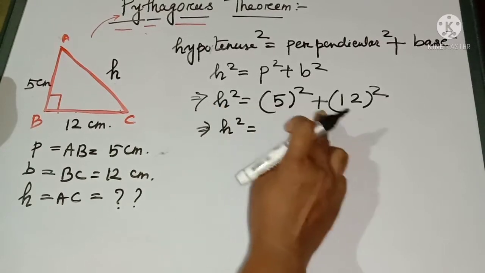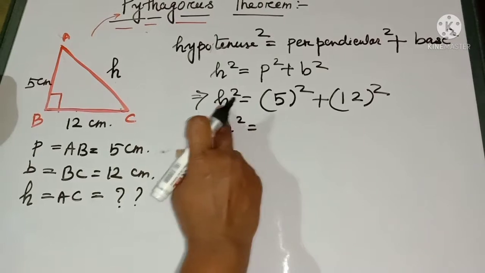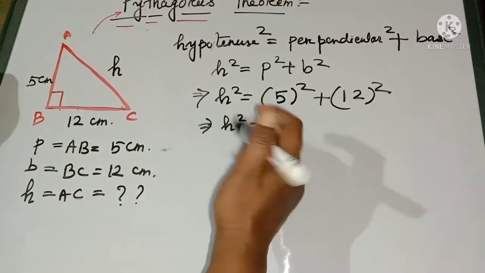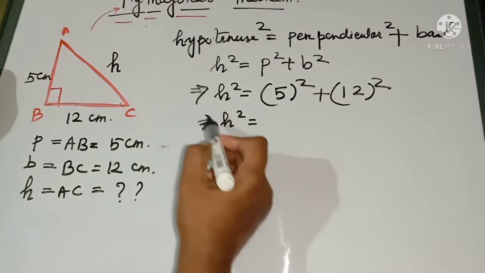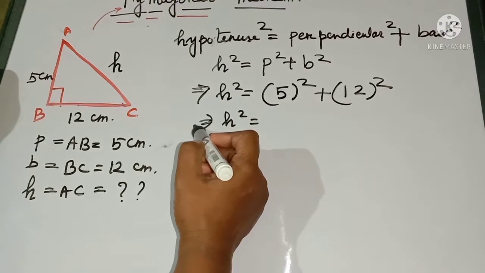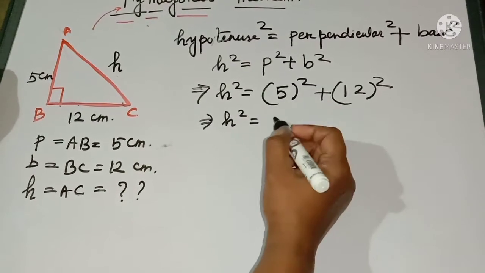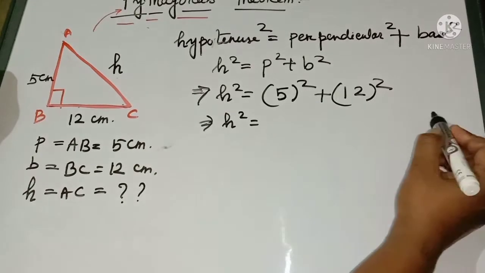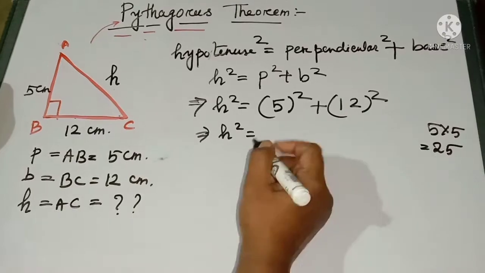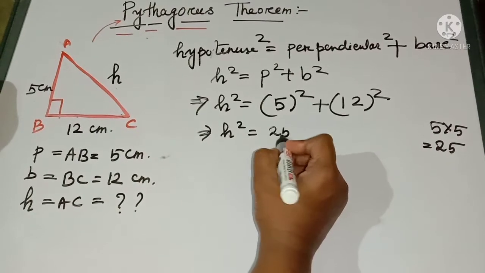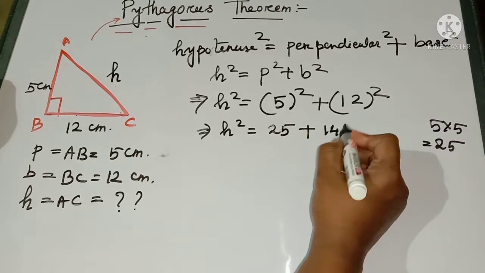You are calculating by linear equation. So every time there is a left hand side, a right hand side, and between them an equal sign, you always have to put the implies sign on the left hand side. So, hypotenuse square equal to 5 square. 5 into 5 is 25, plus 12 into 12, which is 144.